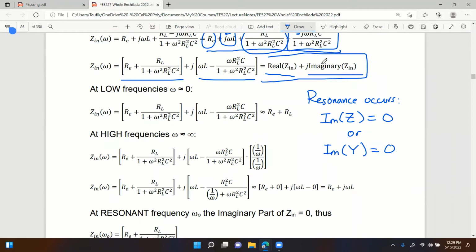So by setting up the input impedance equation this way, then I know how to get omega C, right? Simply by setting this term right here to be equal to 0, and then solve for omega. When you solve for omega, that omega right there is the resonant frequency of the circuit. Make sense? All right. Any question on this?